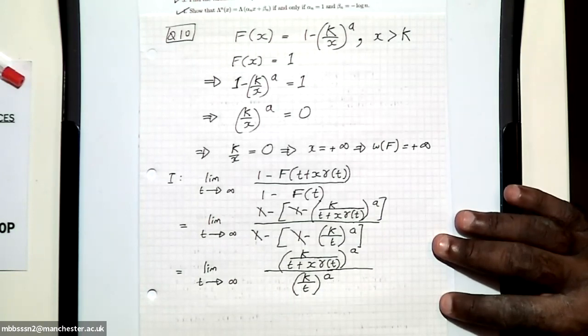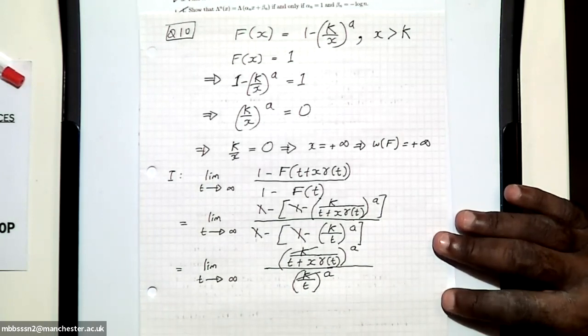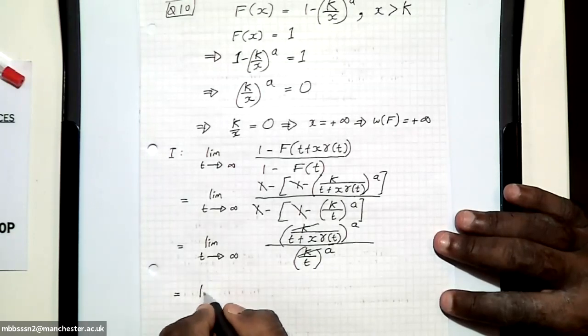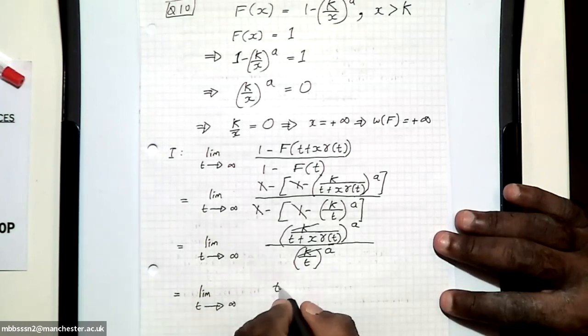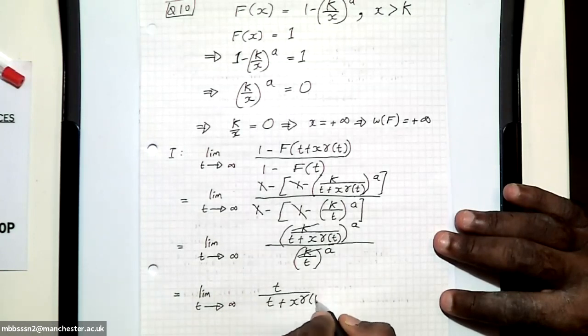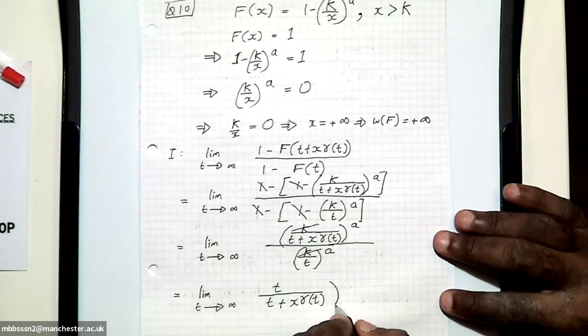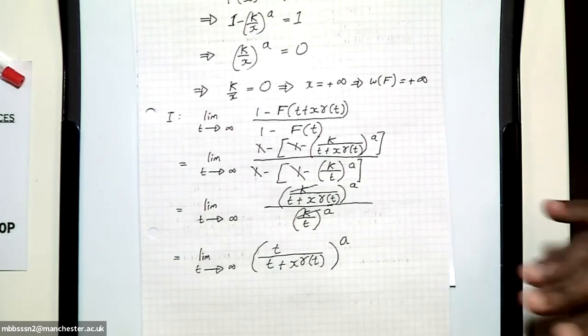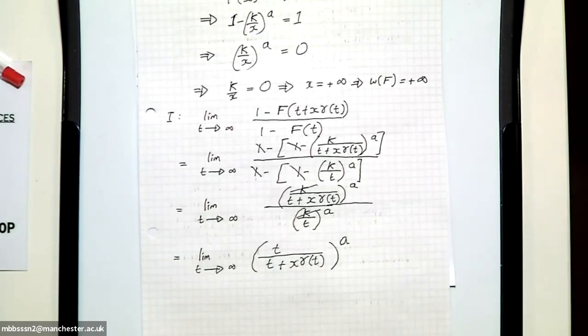Now the k in the top and the k in the bottom cancel out. Now the question is, for condition 1 to hold, this must be equal to e to the minus x.